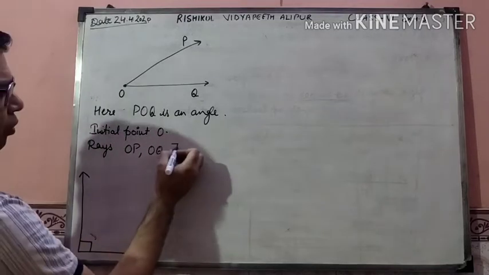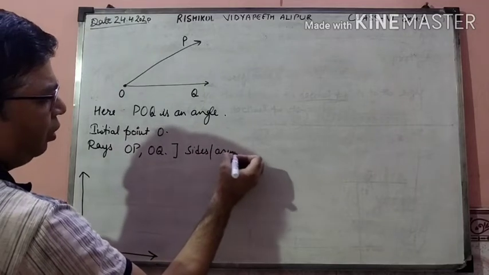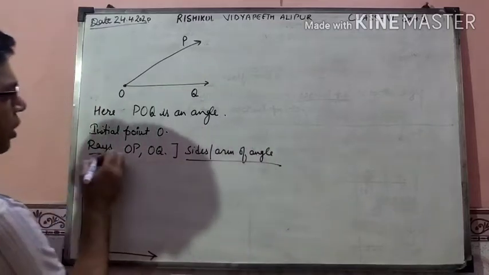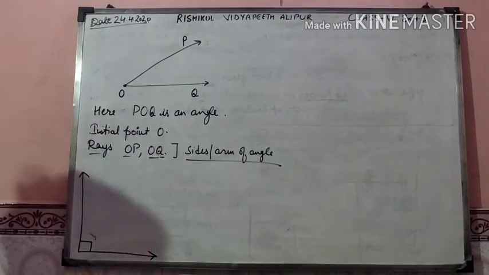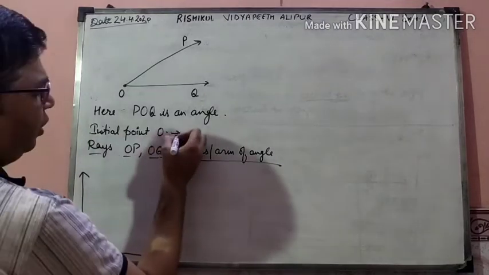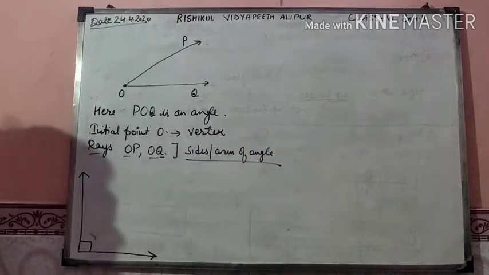These rays are also called sides or arms of the angle, and the initial point where they meet is known as the vertex. What is the vertex?